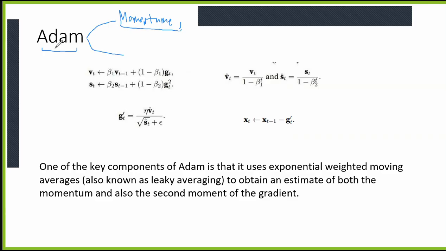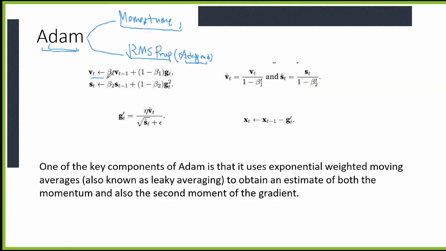And also, another component of Adam is that it uses the idea of RMSProp, where RMSProp was the extension of AdaGrad. So Adam is the hybrid of these two concepts, as we can see from this formula as well.